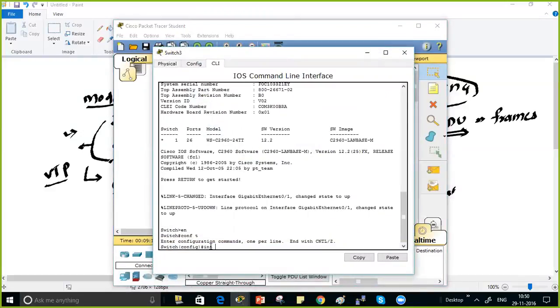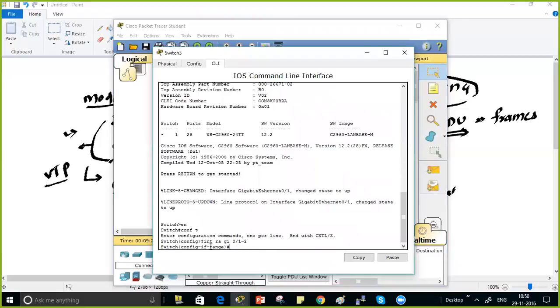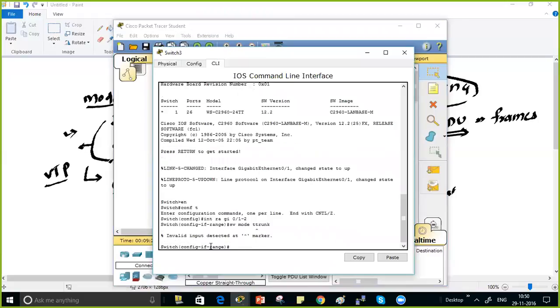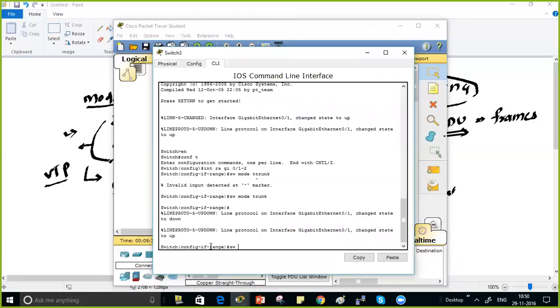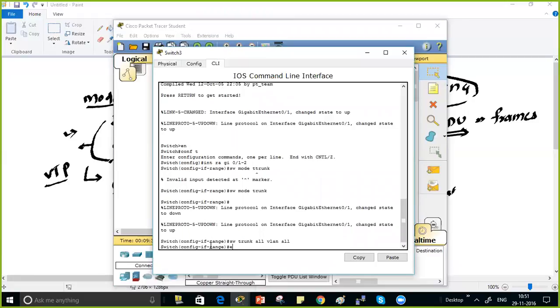First, interface range gigabit 0/1 to 2, switchport mode trunk, switchport trunk allowed VLAN.